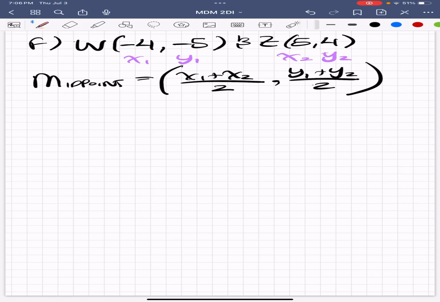Anyways, now it's time to color with purple. So we have W and Z. So we have midpoint.